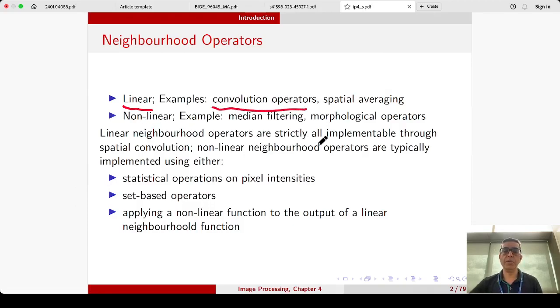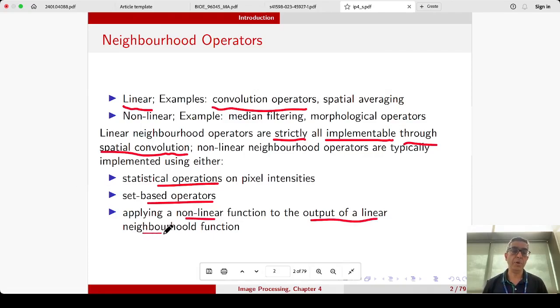So linear neighborhood operators are strictly all implementable through spatial convolution. The nonlinear neighborhood operators are typically implemented through statistical operations, which include sorting operations, set-based operators, which we'll go on to define when we get to mathematical morphology, and also applying a nonlinear function to the output of a linear neighborhood function.